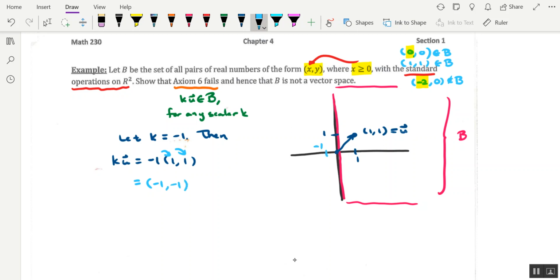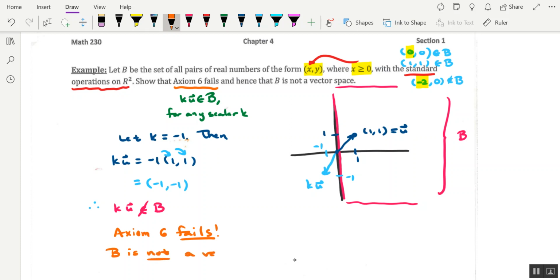And if I go to plot that, that takes me outside of the set B. So ku would not be an element of the set B. Therefore, ku is not an element of the set B, which means that axiom 6 fails, ultimately meaning that B is not a vector space.